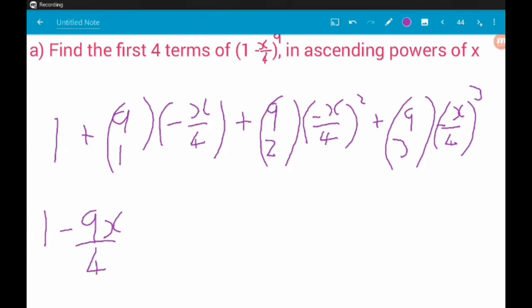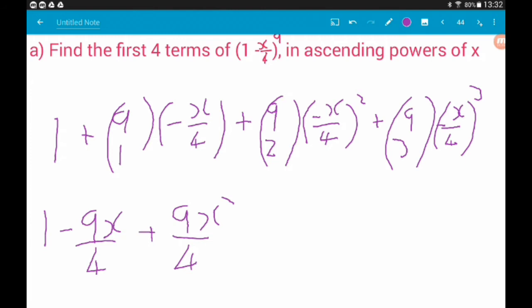And our third term is going to be, 9 choose 2 is 36, minus x over 4, all squared, is positive x squared over 16, so we get 36x squared over 16, which has a common factor of 4, so that's going to cancel down to plus 9x squared over 4.